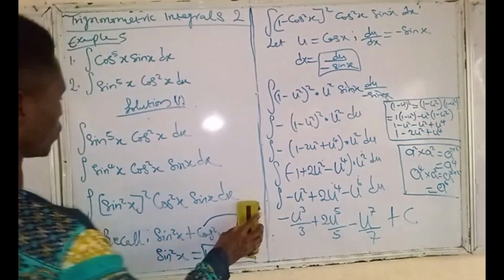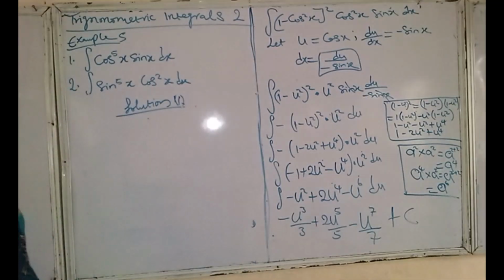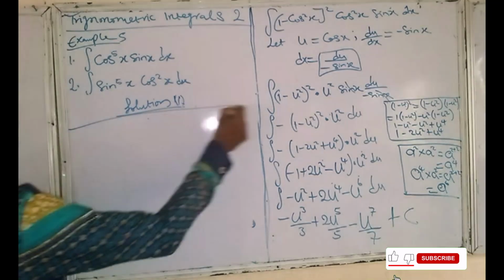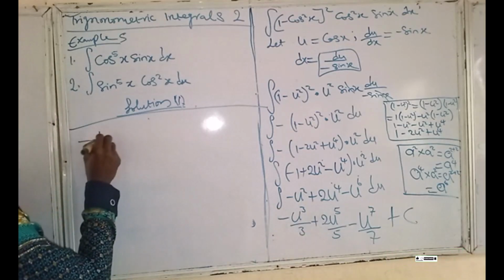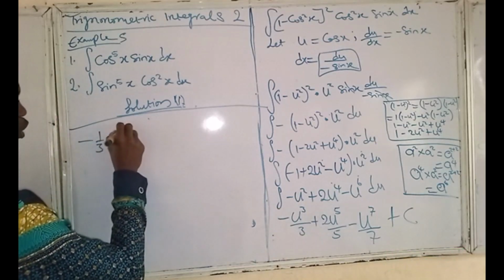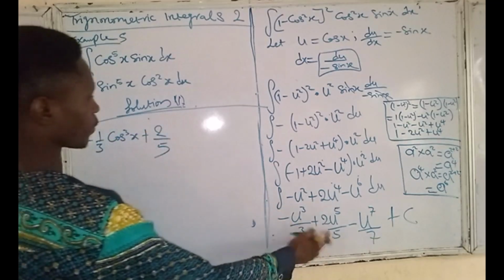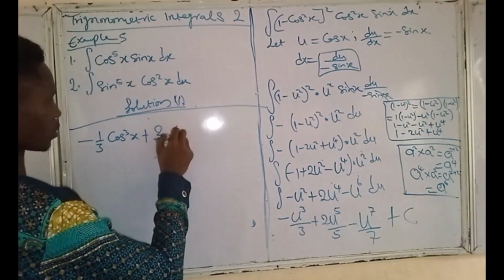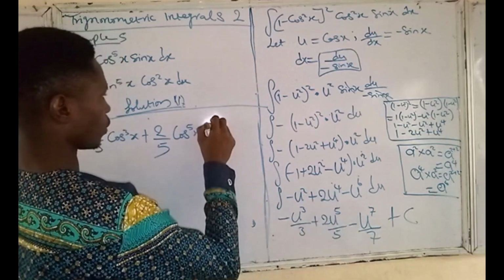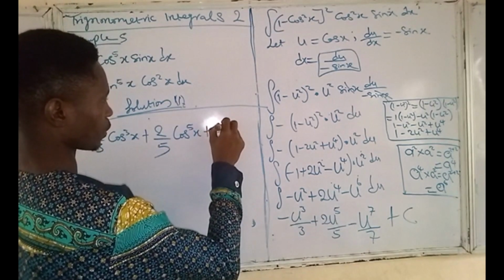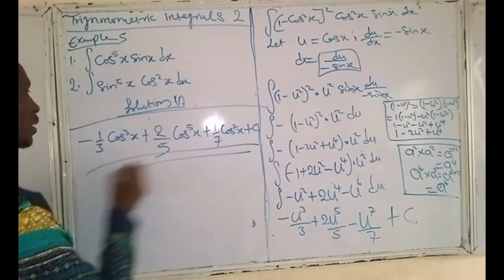So we just resubstitute that here. So that is going to give us minus, we're bringing out 1 over 3, 1 over 3 cos power 3x plus 2 over 5. Our u is cos, so we have cos power 5x minus 1 over 7 cos power 7x plus c, and this is our answer.